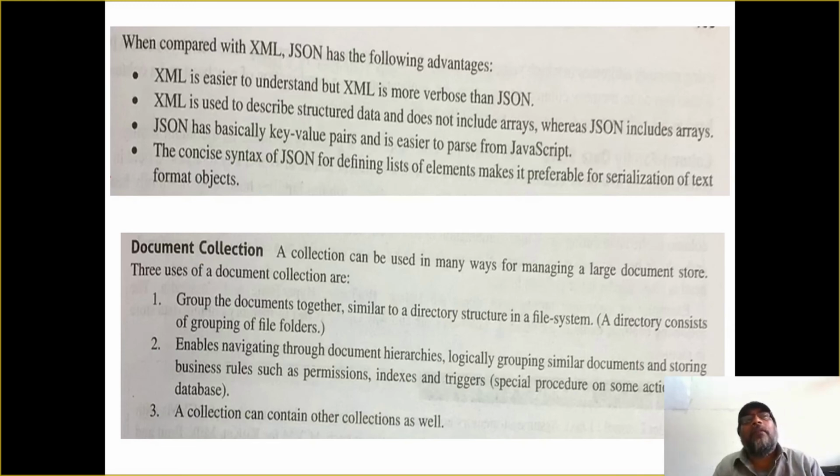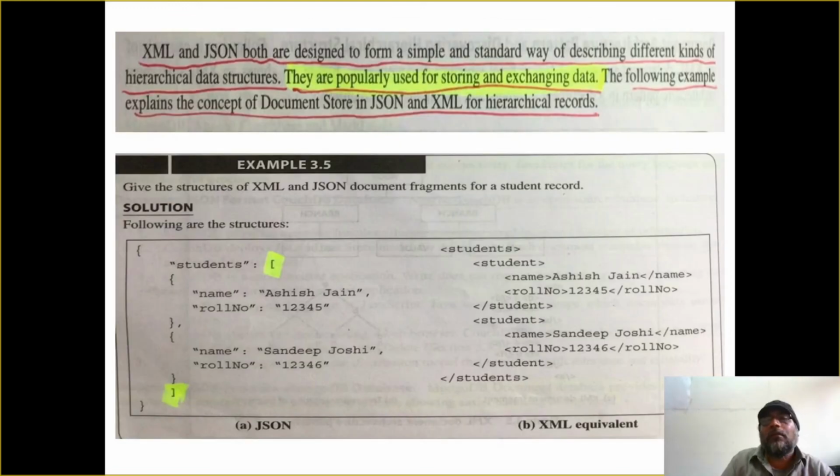When compared with XML, JSON has the following advantages. XML is easier to understand, but XML is more verbose than JSON. Okay, we can see here more text is appearing in XML compared to JSON.